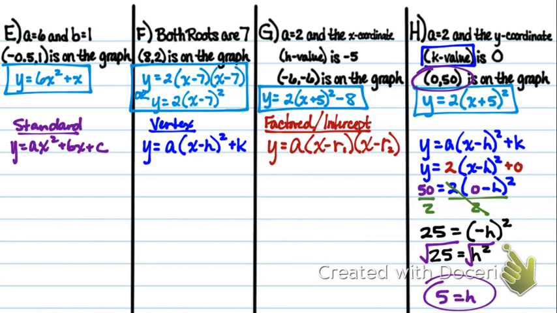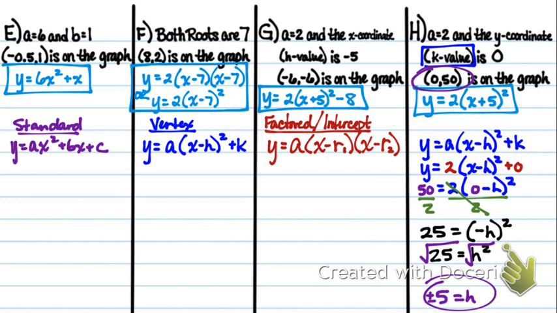Let me see. Technically it's plus or minus. Let me see if we can figure out why I have plus 5 there. Point (0, 50). Honestly, I think that one could go either way.